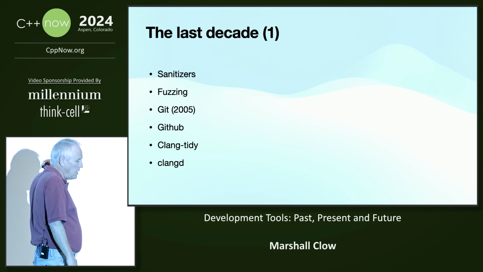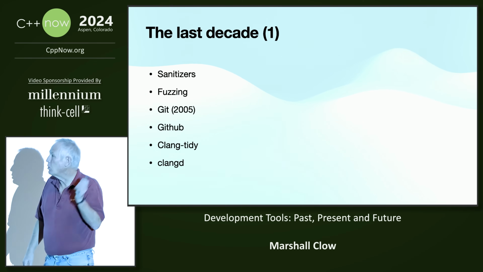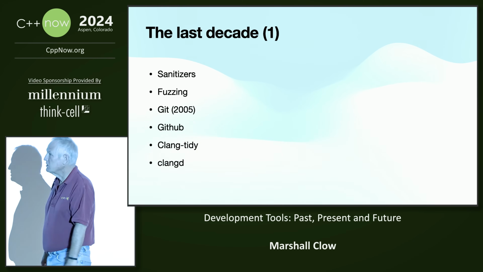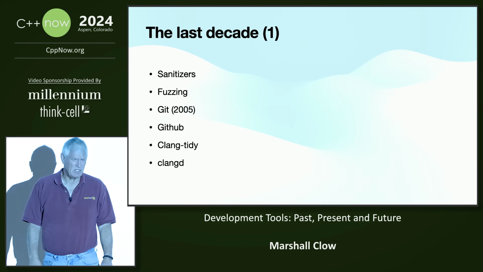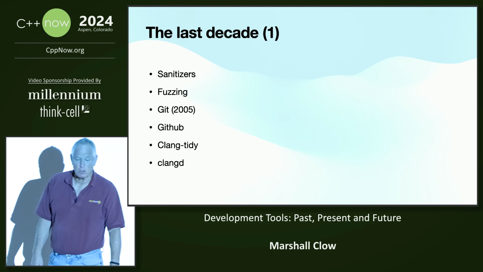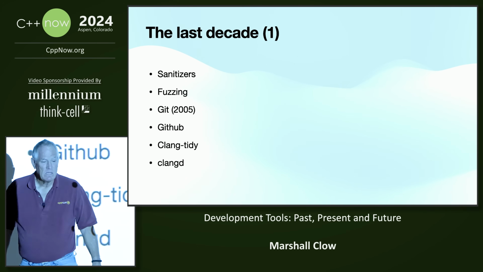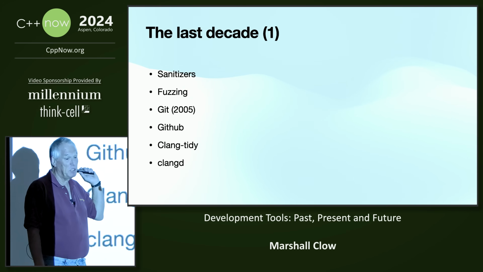We saw an explosion in tools for doing source control. We have Git, which started in 2005, and GitHub, which started in the early teens and was bought by Microsoft in 2018. This has made using source control much, much easier.